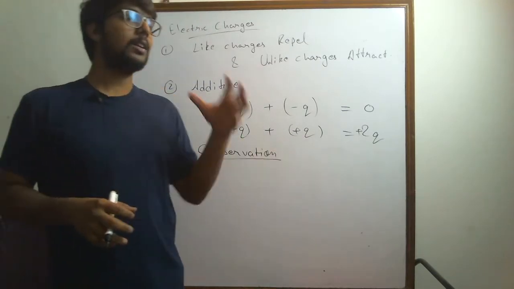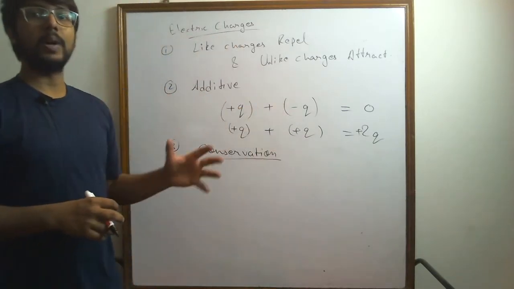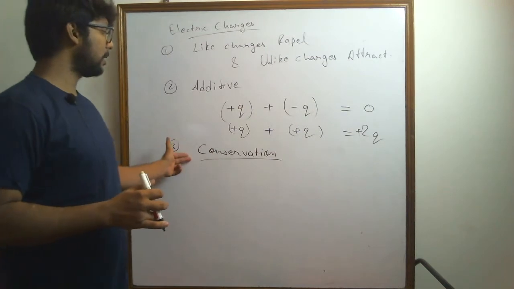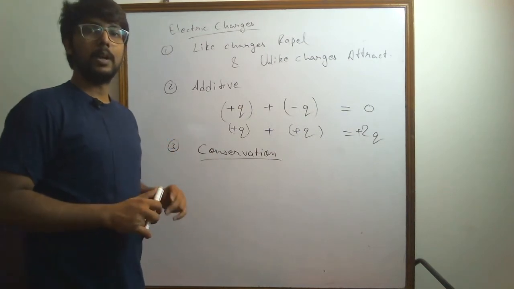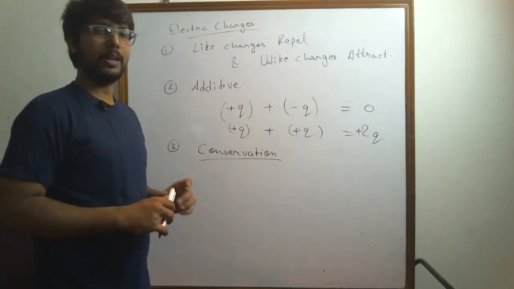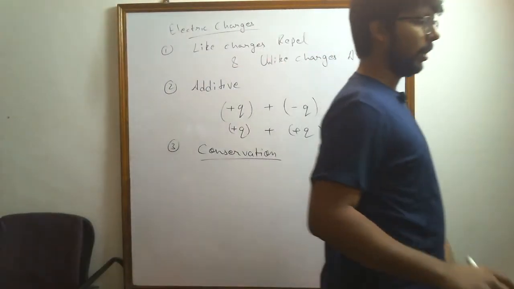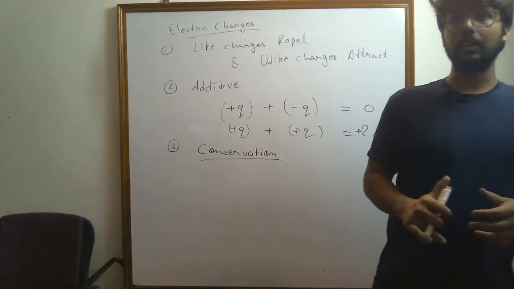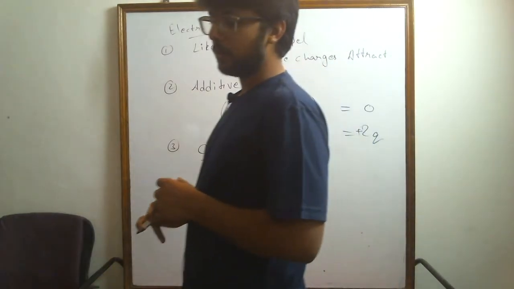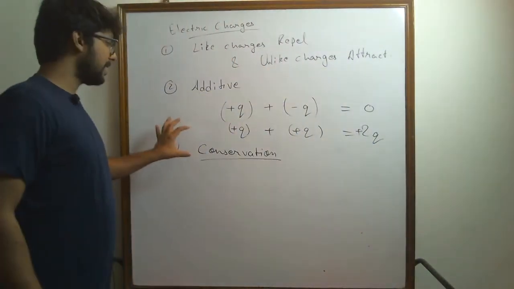We have not yet seen anywhere that this law of conservation of charge has been broken so far, right? And it is very similar to conservation of energy because all of these things are kind of connected, but we'll get into that in some later video. So this is extremely important.